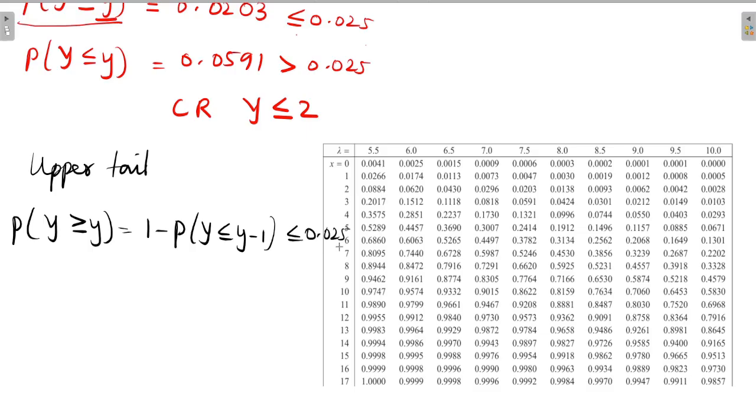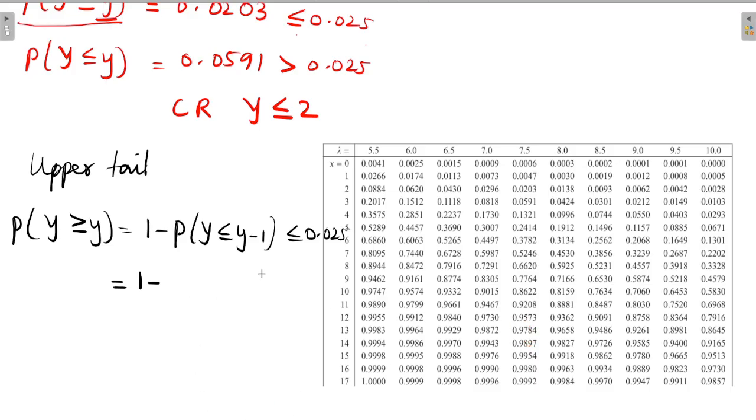This is the significance level. So this value, 1 minus something, is closer to 0.025. With lambda 7.5, the possible value is 0.9784.